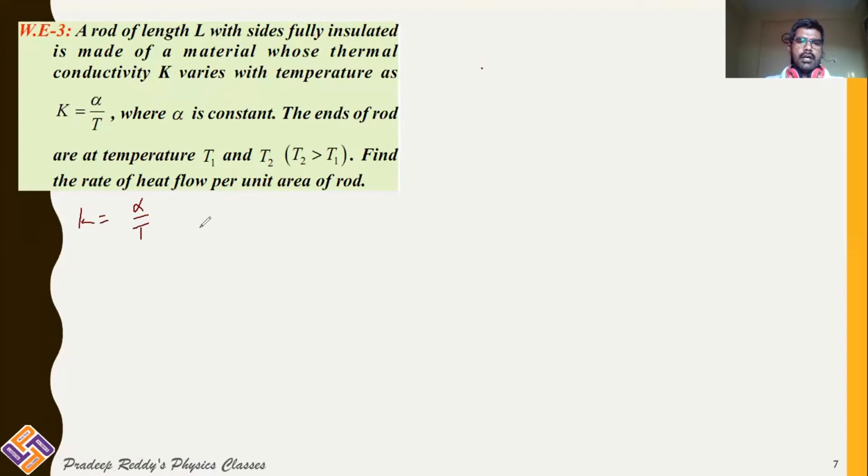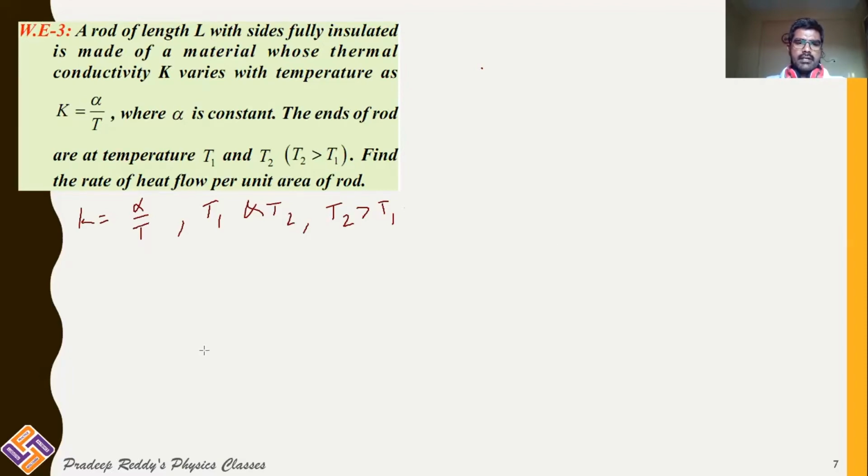The ends of the rod are at temperatures T1 and T2. It is mentioned T2 is greater than T1. Find the rate of heat flow per unit area of the rod.